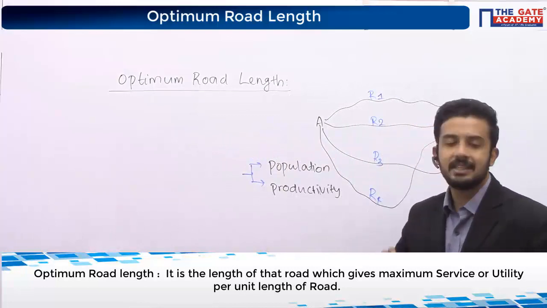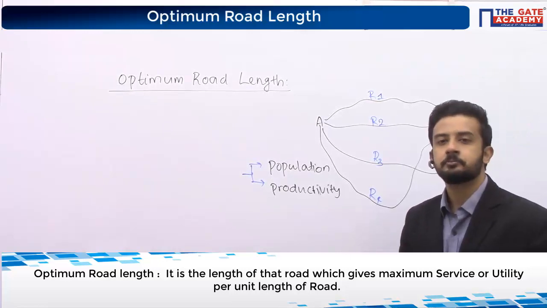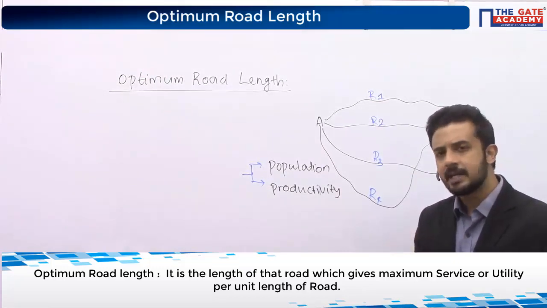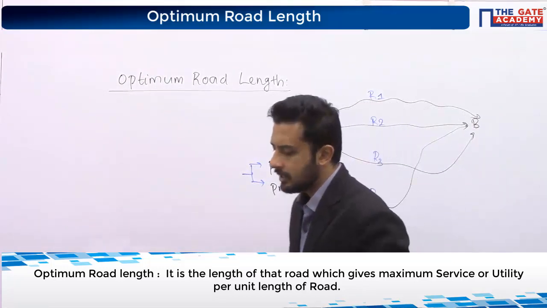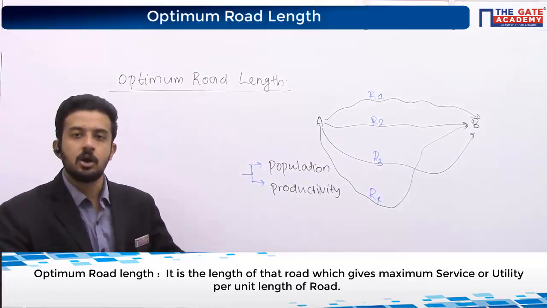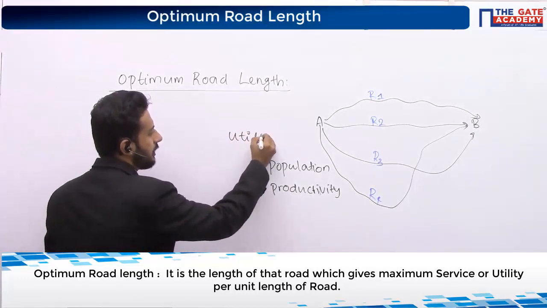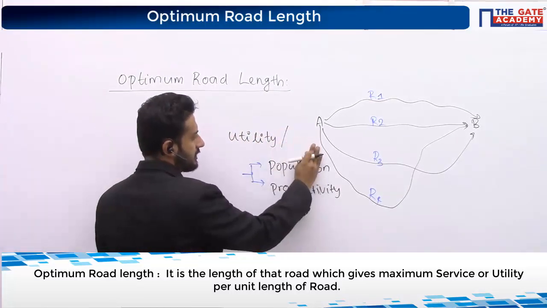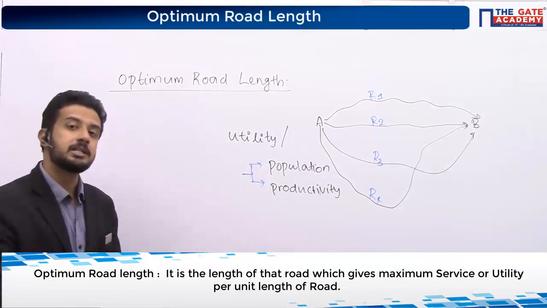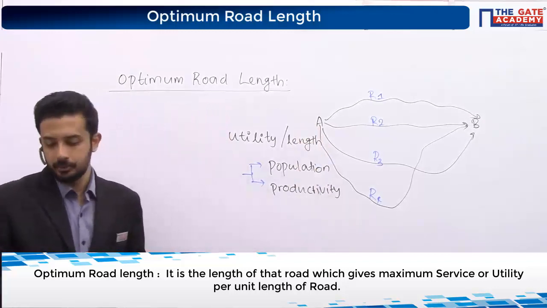Optimum road length is the length of that road which gives maximum service or utility, maximum service or maximum utility per unit length of road.